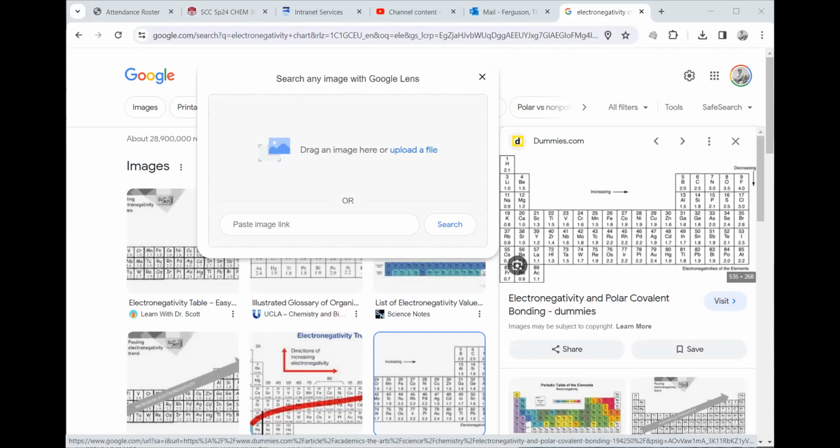We have a dipole here and here. And those dipoles are exactly the same length and opposing direction. So they cancel each other out.